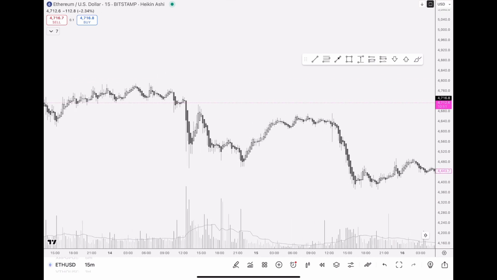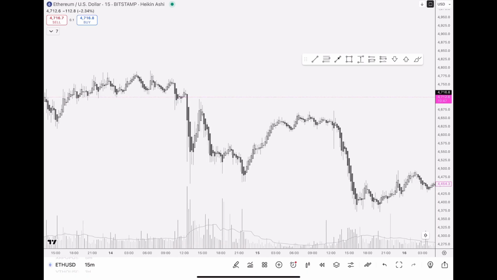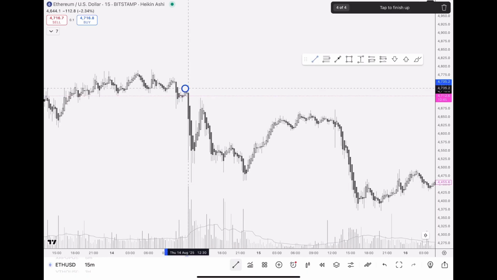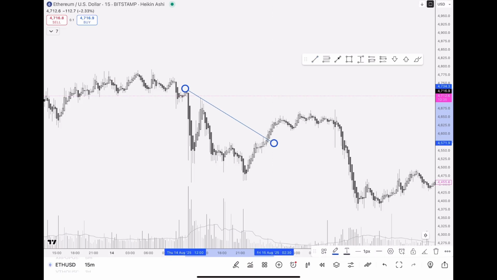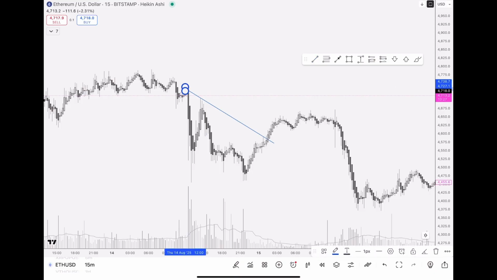Right, so here we are. HA candles, so it gives you a high here. And then as you remember, there's another high, so that's the next high. That's the line. And then the next high after that line, so well, it's not really accurate, but you know, I'm trying my best here.